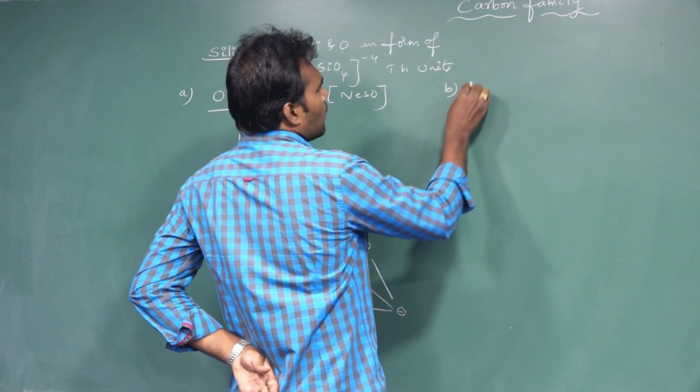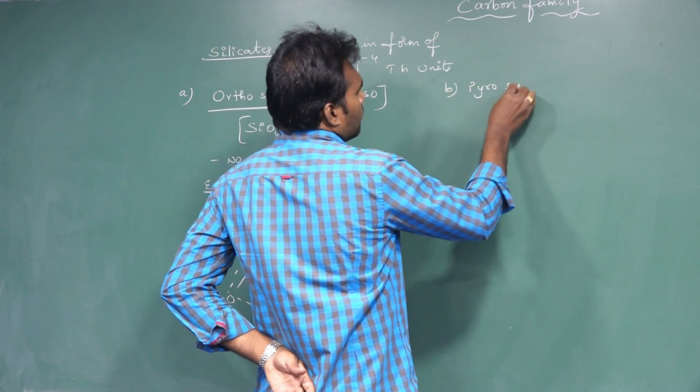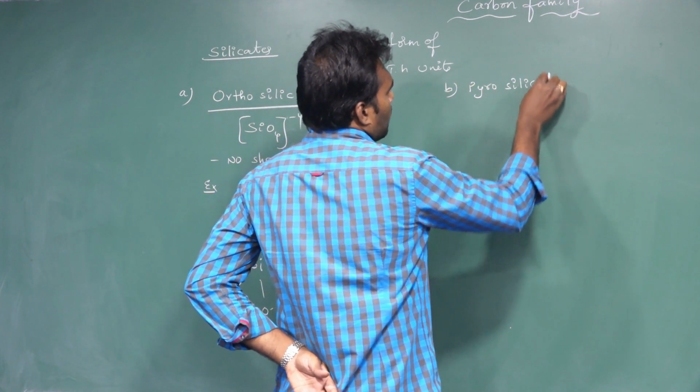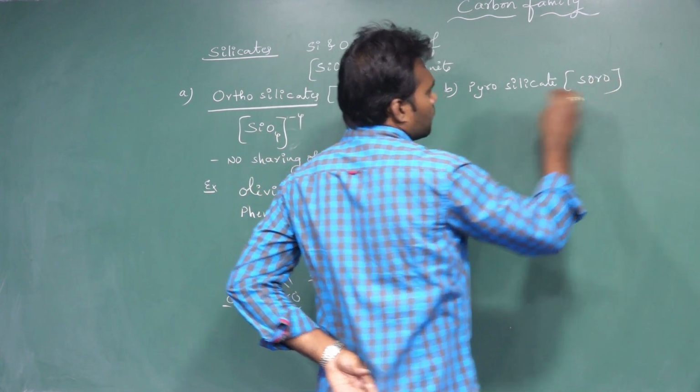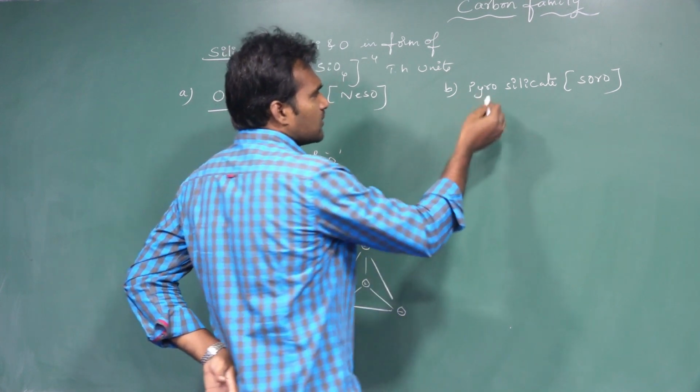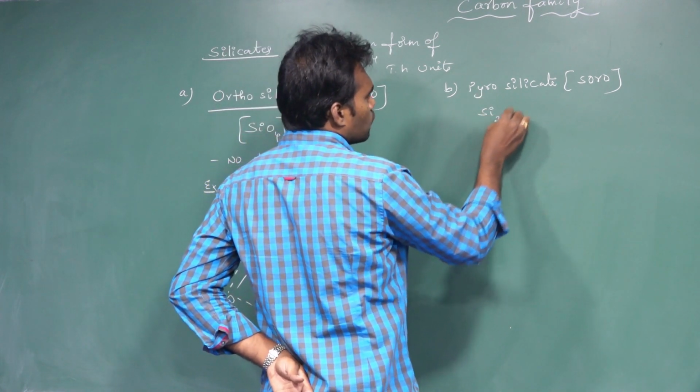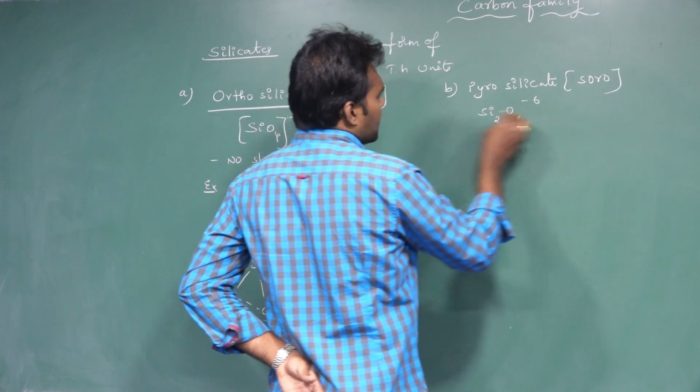Next one, pyrosilicate. Pyrosilicate we also call sorosilicates, and its general formula is Si2O7 minus 6.